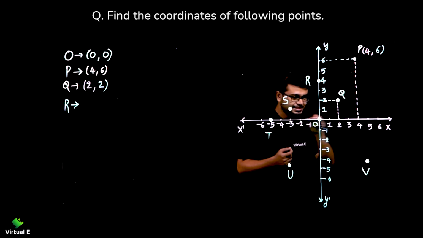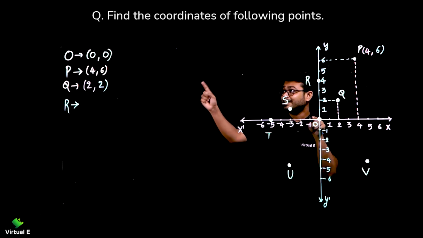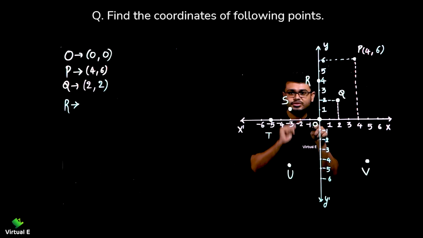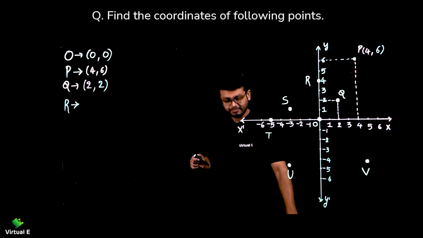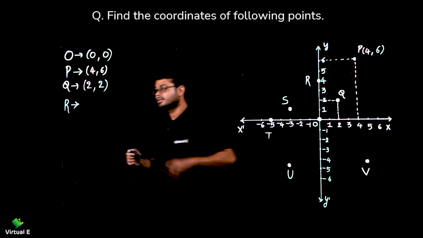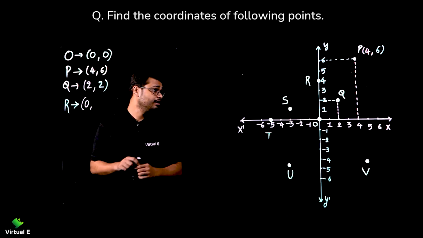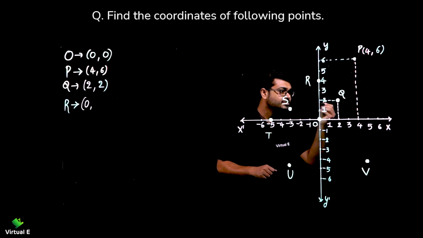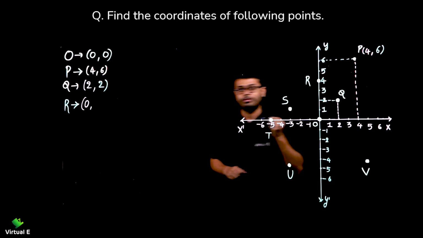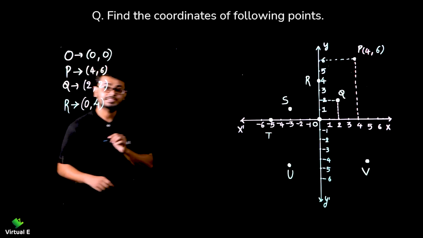So on the x-axis, it is not moving at all. On the x-axis, it is at this point, which we wrote at the start, that is 0, 0. So the x value is 0. Very carefully remember that. And about the y-axis, see, it has moved till 4. So 0, 4 it is.